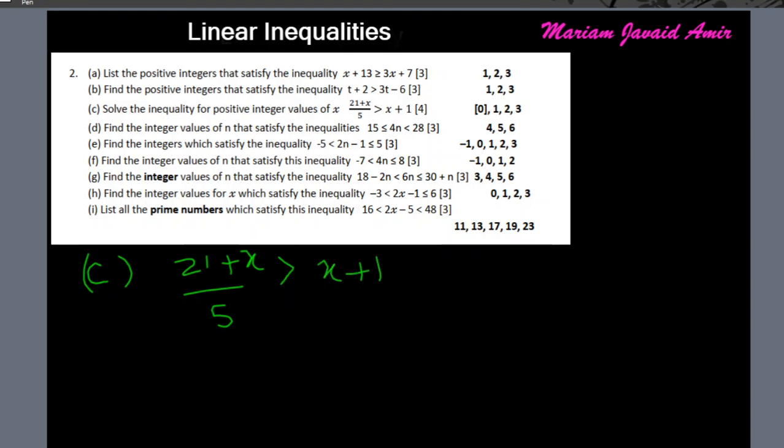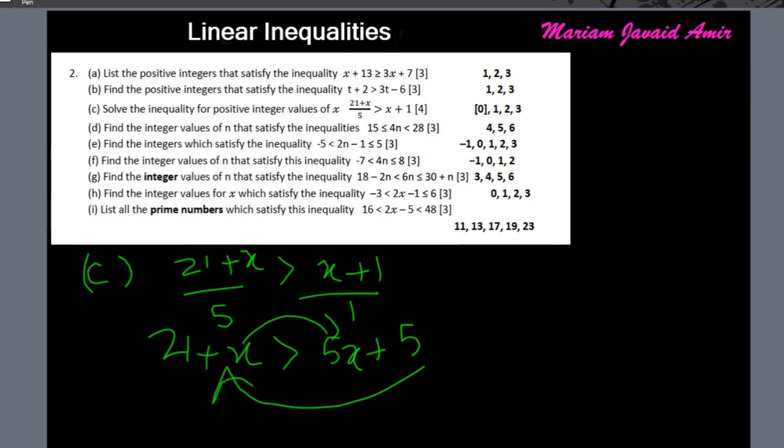So first we have single fractions on both sides, so we can cross multiply: 21 plus x greater than 5x plus 5. Next I'll be moving this x to the other side and 5 to this side, so 21 minus 5 becomes 16 greater than 5x minus x becomes 4x.